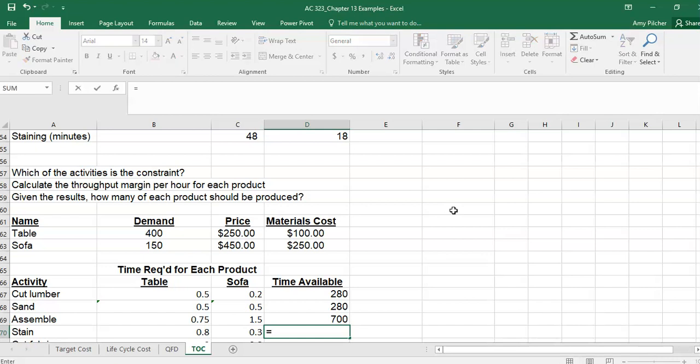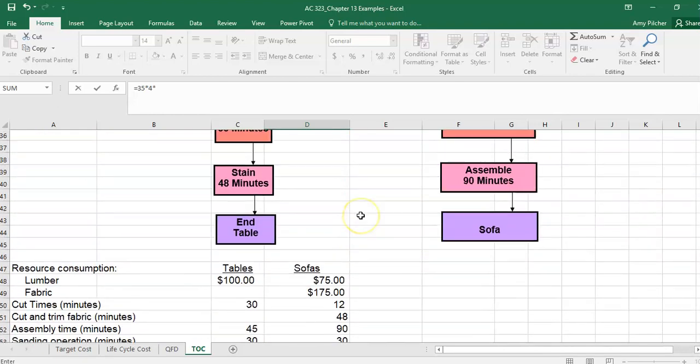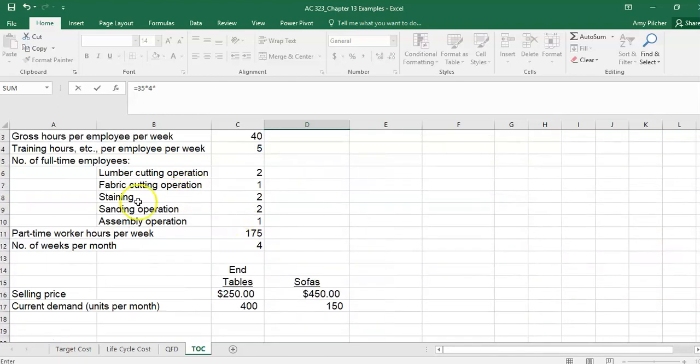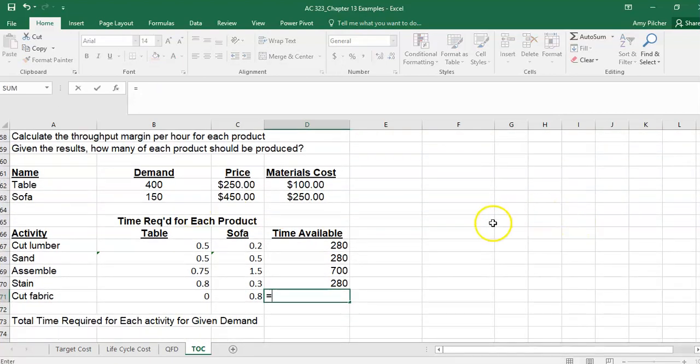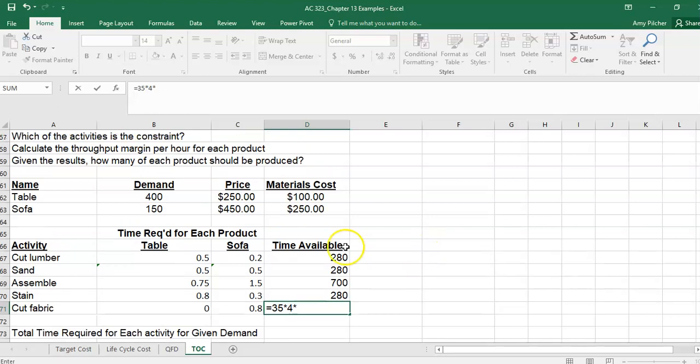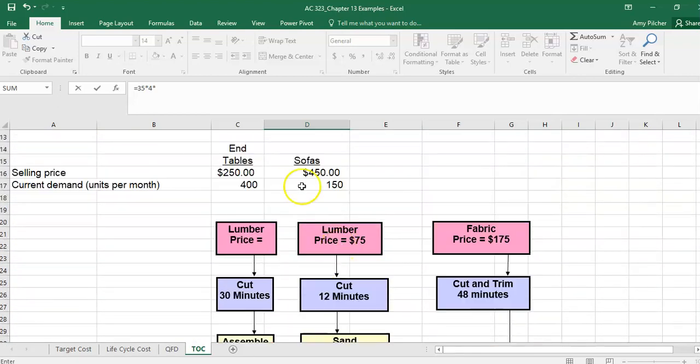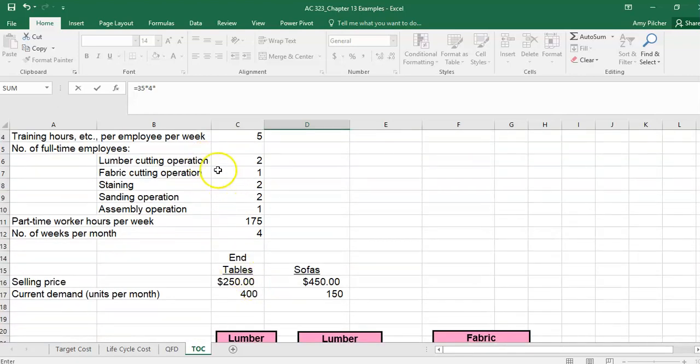For staining, we have 35 hours times 4 weeks per month times 2 people that are staining. And for cutting fabric, we have 35 hours times 4 weeks per month times 1 person cutting fabric.